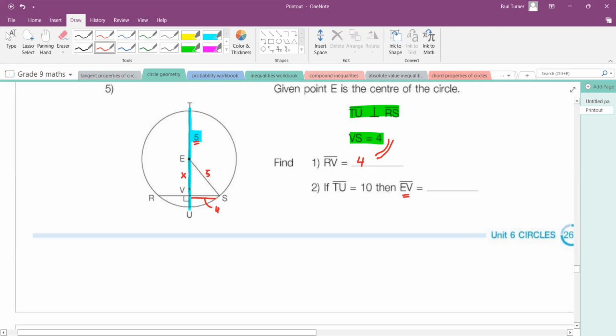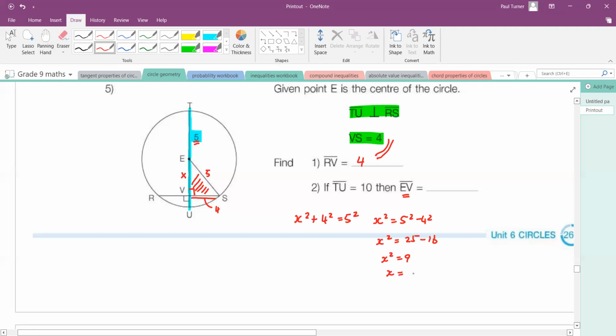So we formed a right angle triangle here. And we can apply Pythagoras' theorem to find X. So we'll have X squared plus 4 squared, the 2 legs, equals the hypotenuse squared. So X squared will be 5 squared minus 4 squared. So X squared is 25 minus 16, which will give you 9.